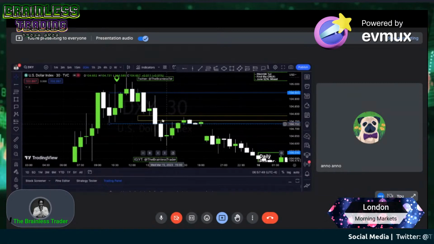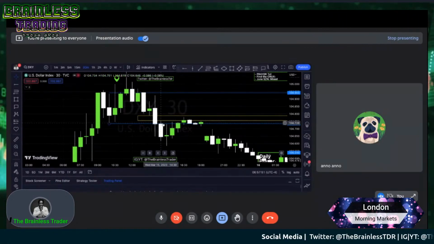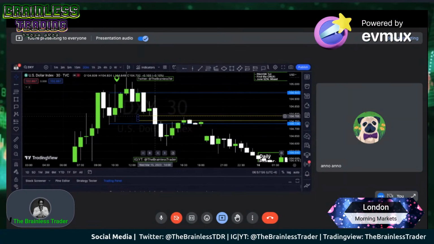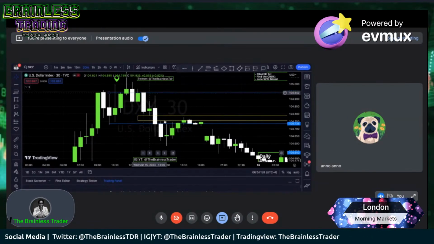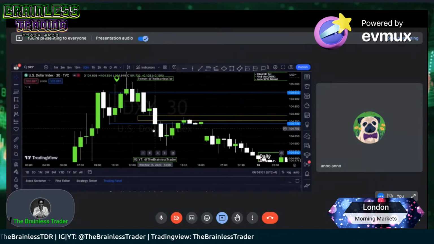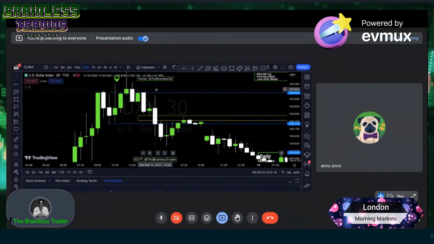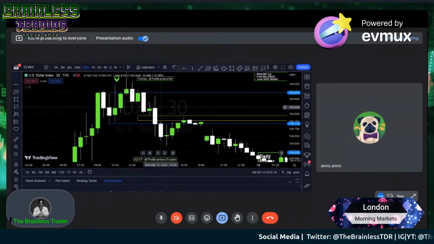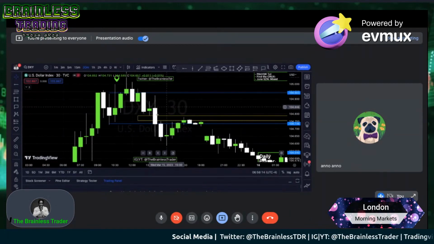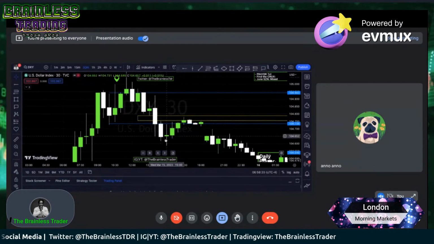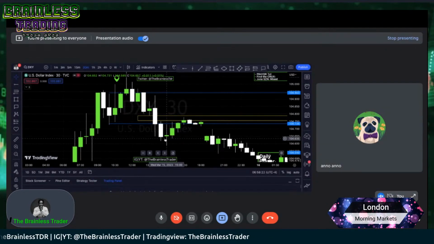And if I can't find one that's the same size as the breaker, then I'll look for one that's within the breaker next. So I'll be looking to see if there's a fair value gap somewhere within this same area. And the last way I'll look for them is if there was a fair value gap that started above the breaker and went to the middle of the breaker, or one like this where it starts almost in the middle of the breaker and then extends outside of it.